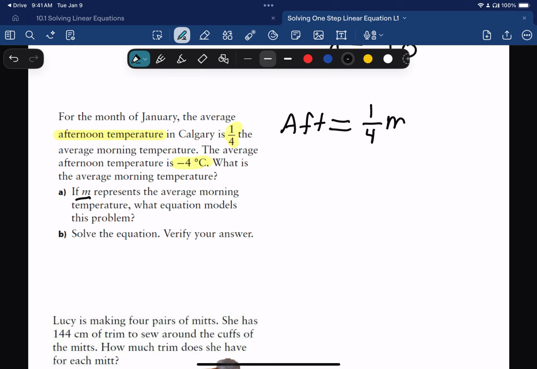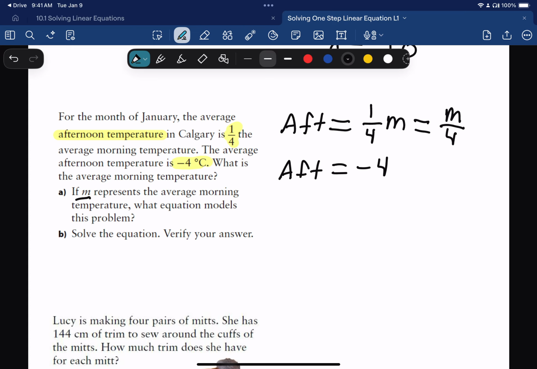So 1/4 times M. We could also write this as m divided by 4, because that would also get us 1/4. These all equal the same thing. We know that that is the afternoon temperature. We also know the afternoon temperature is -4 degrees Celsius, okay?